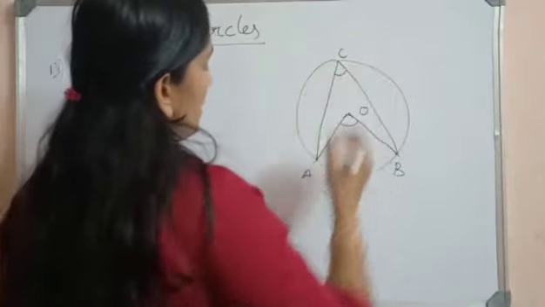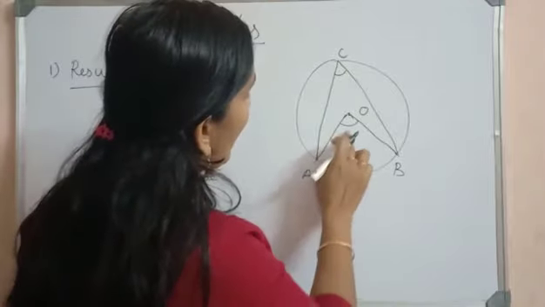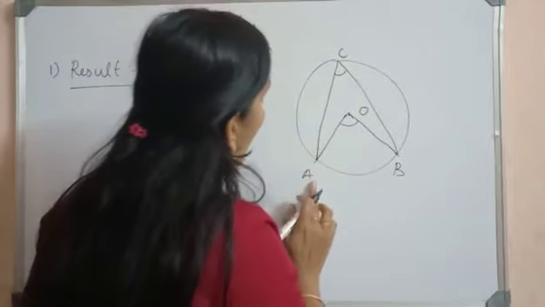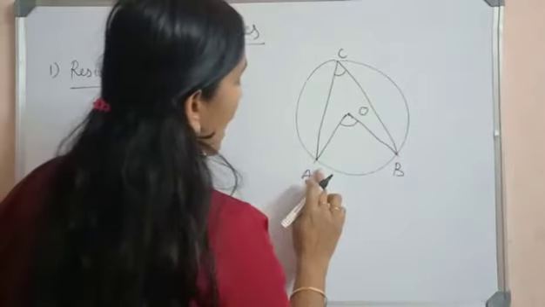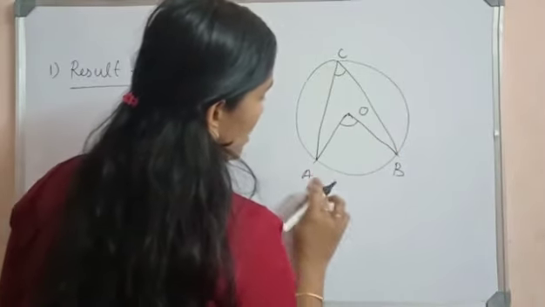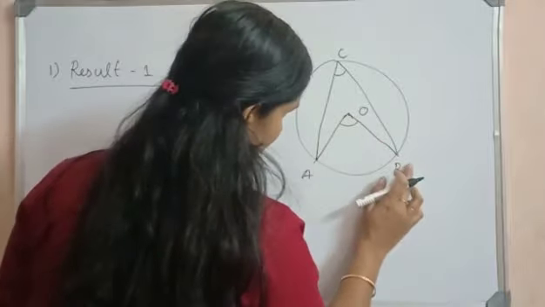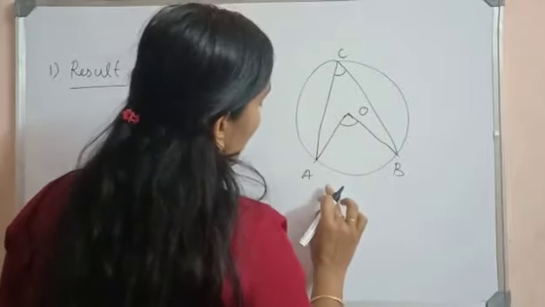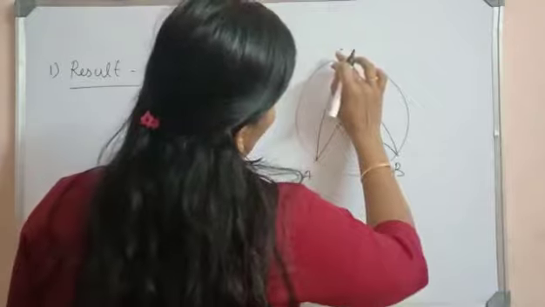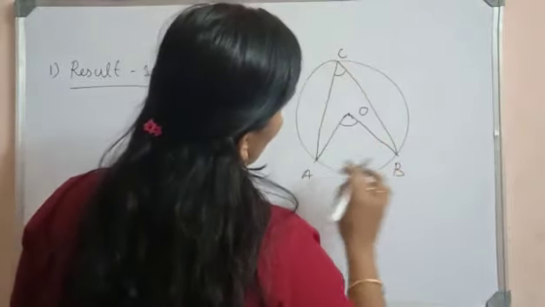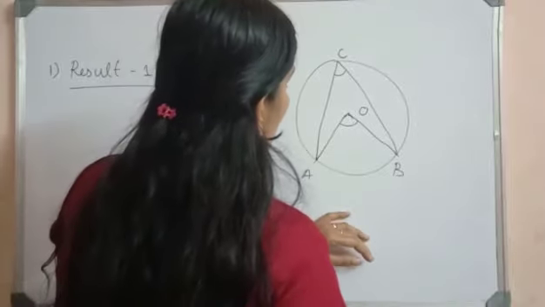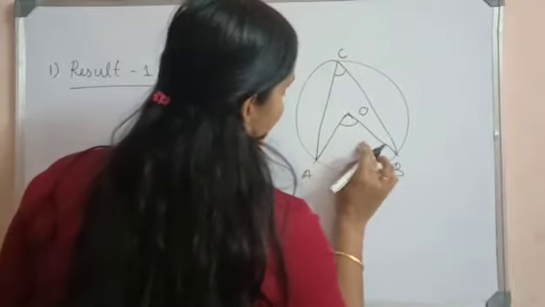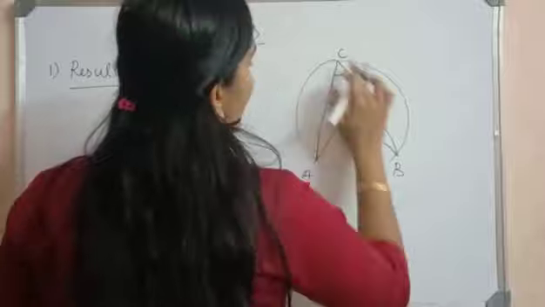That means angle AOB is double angle ACB. This is the result. In simple words, we can say that the central angle is double the inscribed angle.